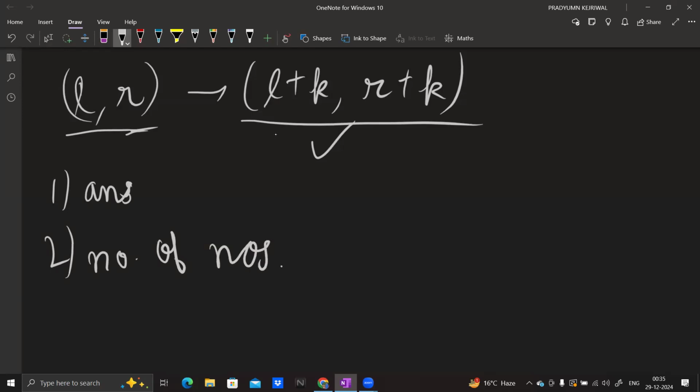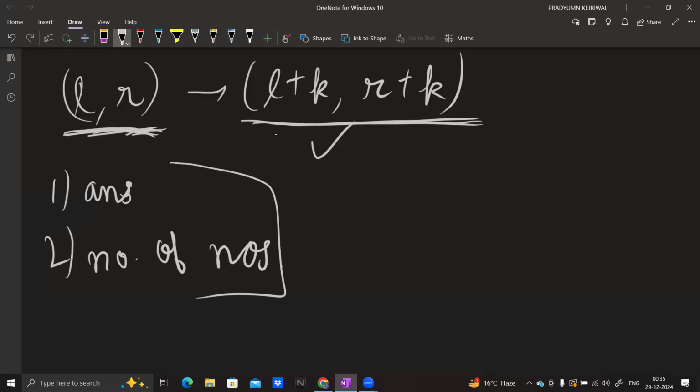If we know both of these things for this L to R, then definitely we can calculate the answer for this interval using just L to R, right? So we'll just store these two things for the intervals that we land on.